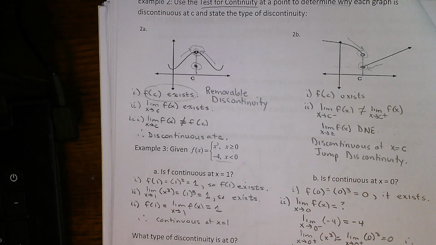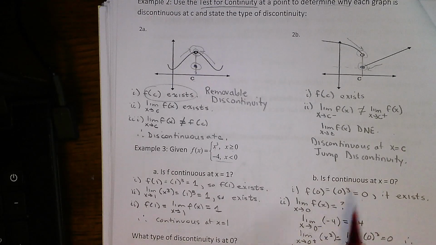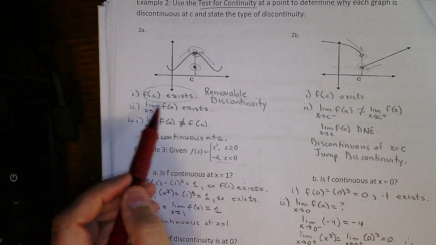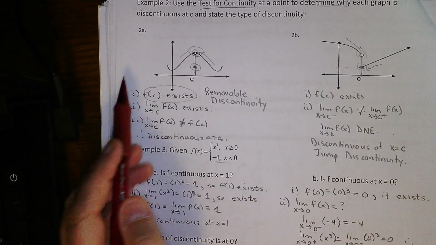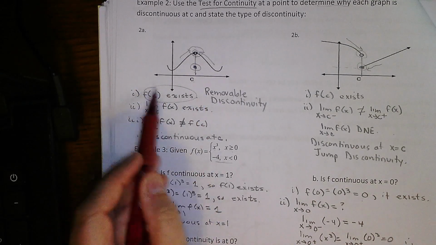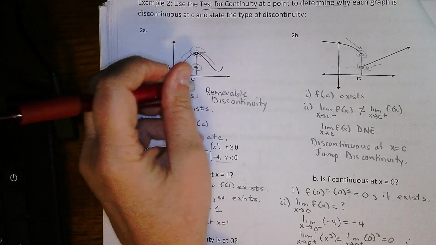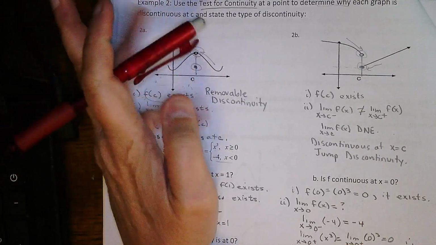Now, the type of discontinuity is up in the air. So f of 0 exists, but the left and right hand limits don't equal each other. So the removable discontinuity, I actually circled the wrong thing now that I've done this one.